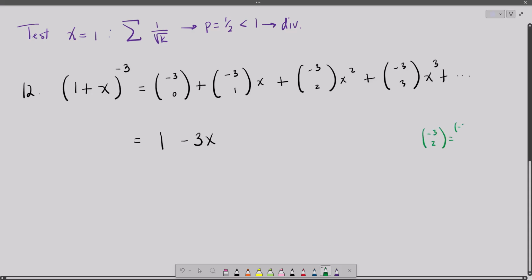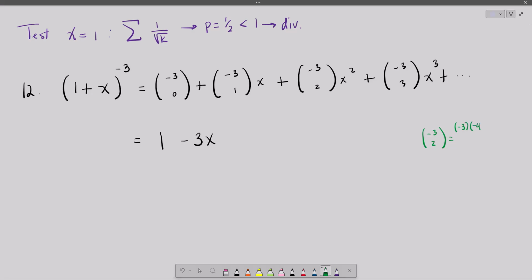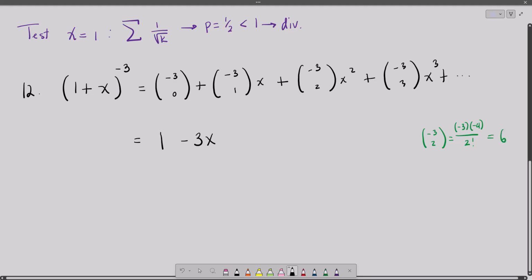We start with -3. We do repeated subtraction by 1 until we have this number of factors, the k. If it's p choose k, we do it until we have that number. I might have said terms, but I mean factors. Factors are things that get multiplied together. So 12 divided by 2 is 6. So our next term here is plus 6x squared.